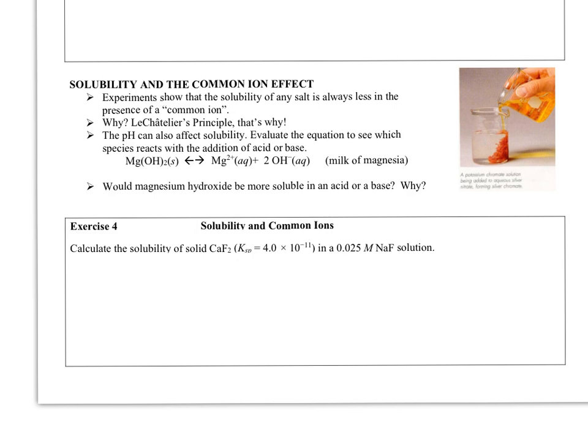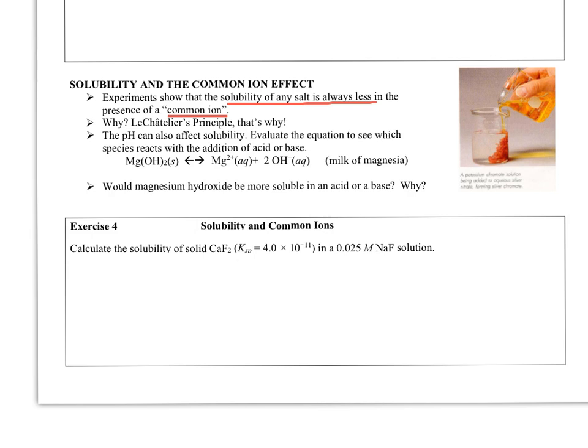So, first off, experiments show that when we calculate the solubility of any salt without added ions, when we just take the salt and put it in water, we can calculate our Ksp. When we add in, and this is important, a common ion, which means one of the ions that was dissociated, what we're always going to see is that the solubility is slightly less.